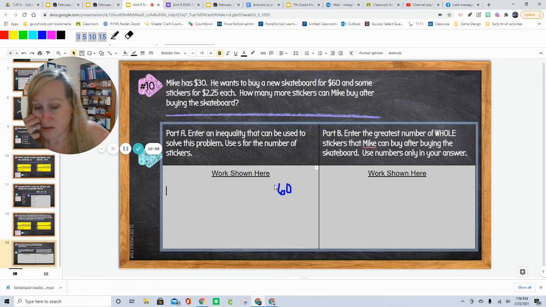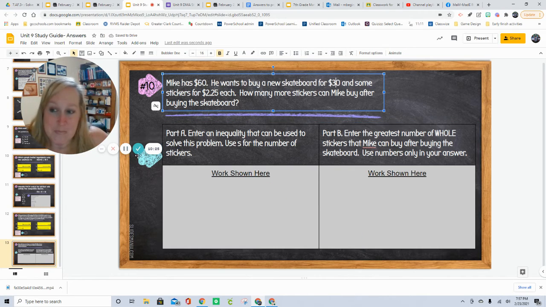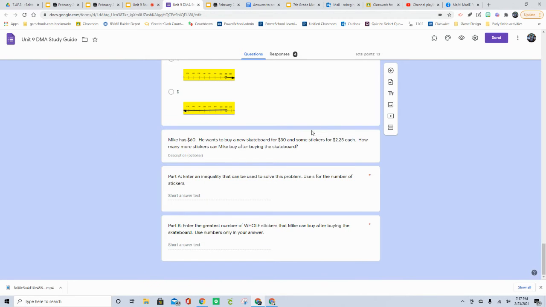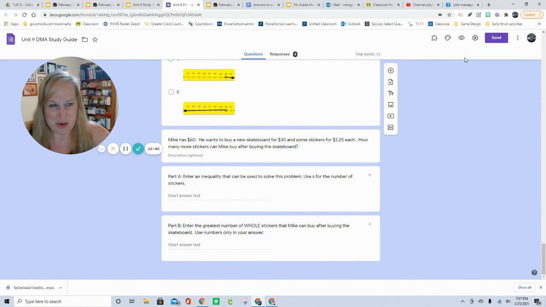He wants to buy a skateboard for 30. So this is how much he's spending. Sometimes there's an advantage to checking errors. If Mike only had $30, he could not buy a $60 skateboard. So mine is different than what this problem said. So maybe we'll work this one over here.